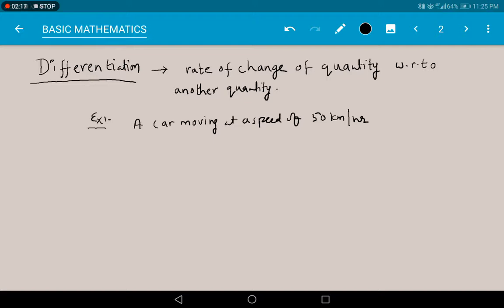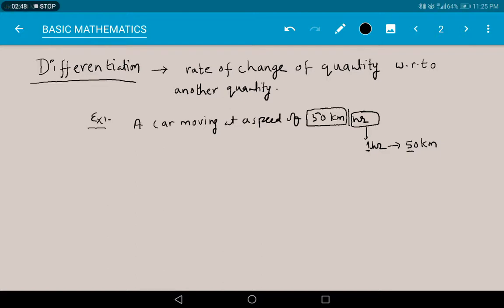It is a change in the position of the car with respect to the time. That means in 1 hour how many kilometers are traveled by the car? 50 kilometers. That means we are expressing the rate of change in position of the object in terms of the time. So that is known to be rate of change.